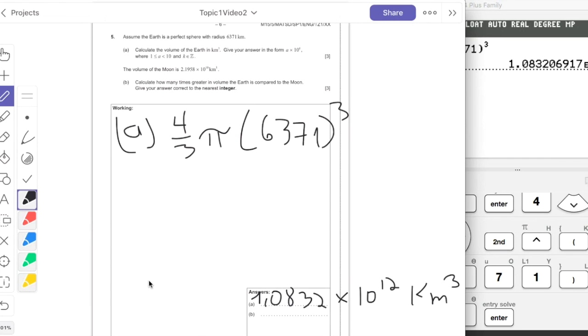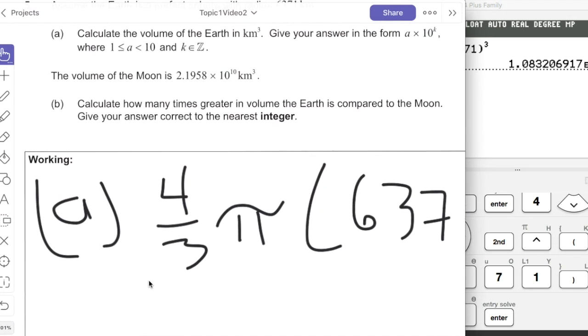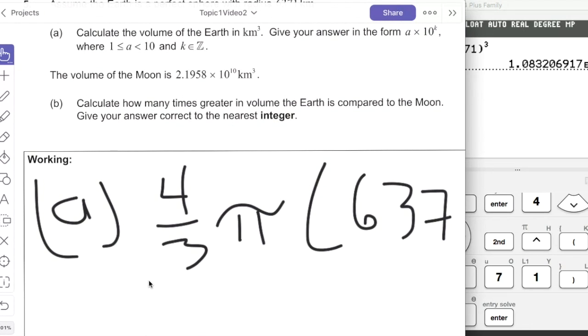And then we're given actually the volume of the moon here in scientific notation also. And that's 2.1958 times 10 to the 10th kilometers cubed. I just want to find the ratio here to figure out how many times greater the volume of Earth is than the volume of the moon.